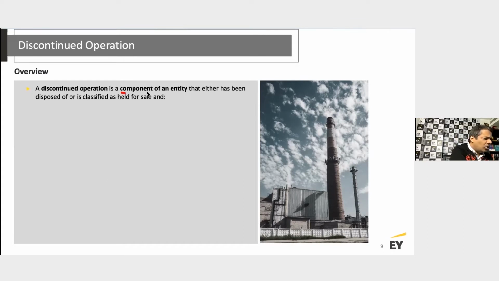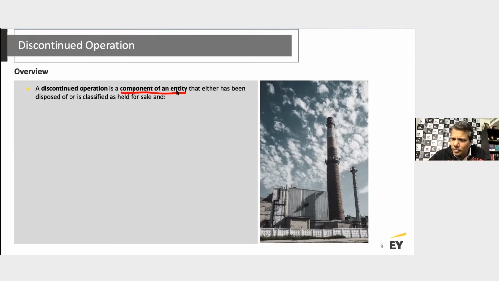A discontinued operation is a component of an entity. Remember Ind AS 108, segment reporting, and also goodwill impairment testing under Ind AS 36, again at a component level, where you have discrete financial information. What is the meaning of component? Which are CGUs, cash generating units.